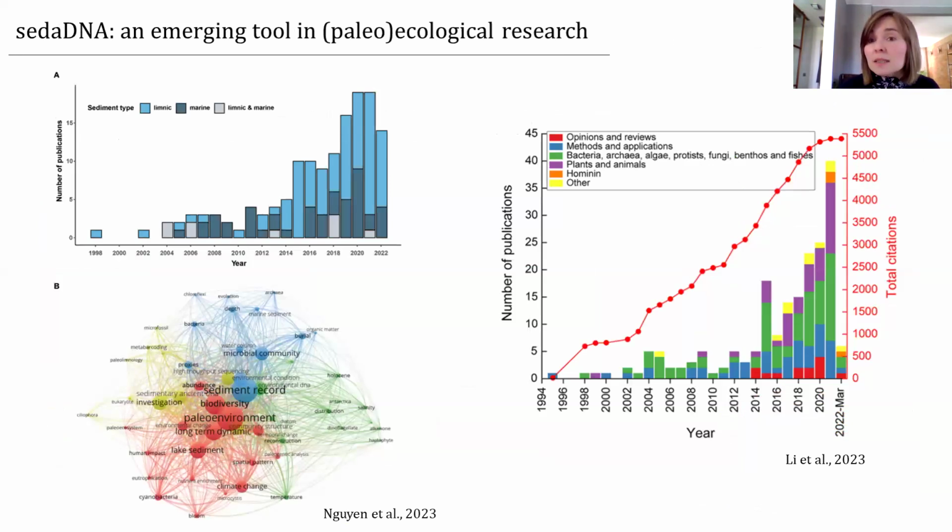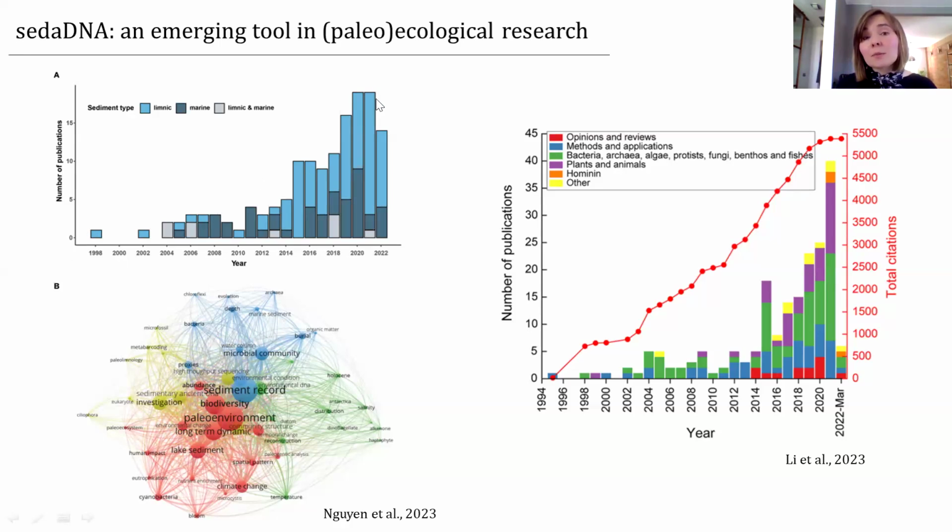As you may see, sedimentary DNA is an emerging tool. As I mentioned, the number of studies, the number of applications, both technical and ecological studies based on sedimentary DNA is increasing. Here you see graphs showing the number of articles published in recent years.